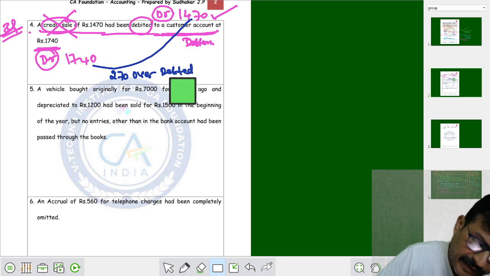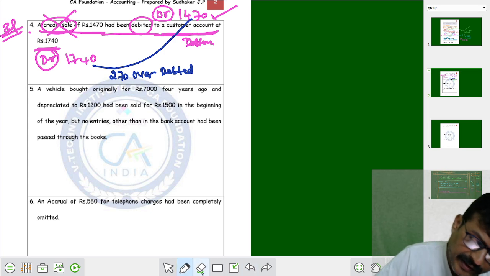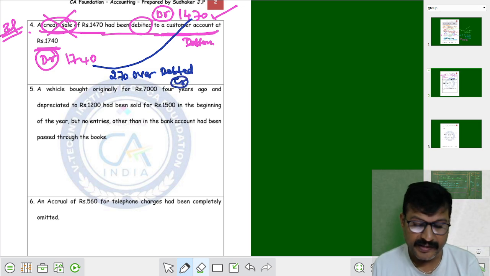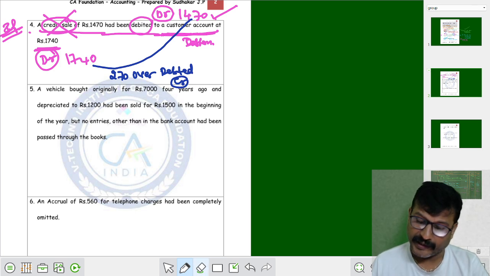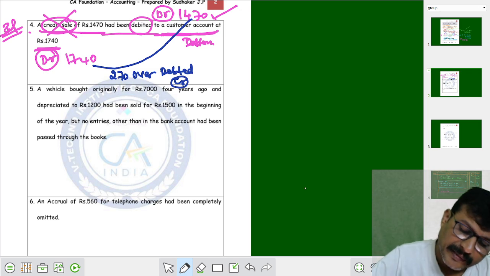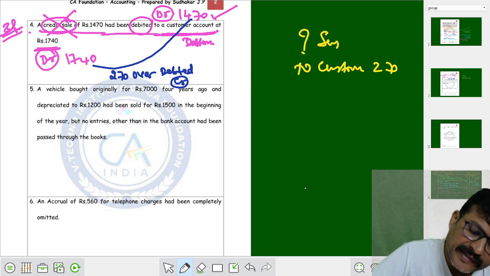It is to be taken on the credit side. Because it is an over debit, take it on the credit side. Now, what are you taking on the credit side? You are taking the customer's account on the credit side, 270. Then what is to be written on the debit side? It is none other than suspense account.